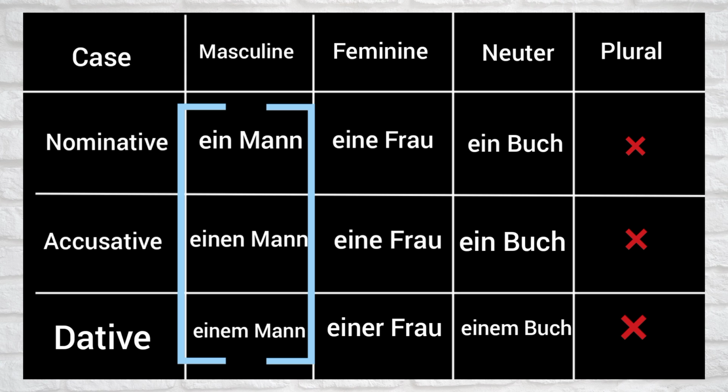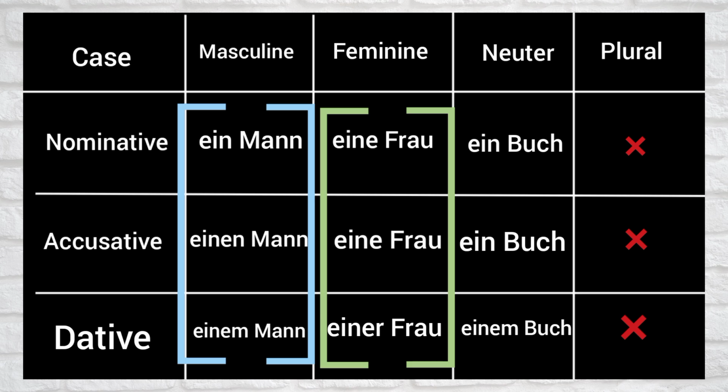Here we can see masculine singular noun ein Mann becomes einen Mann in accusative case, and from einen Mann it becomes einem Mann in dative case. Feminine singular noun eine Frau remains the same in accusative case.